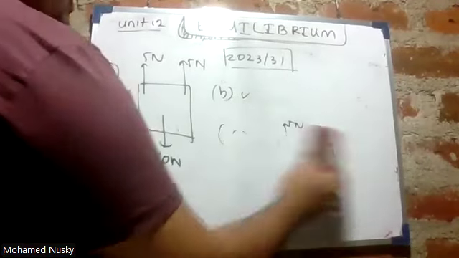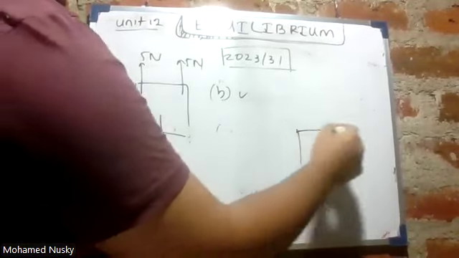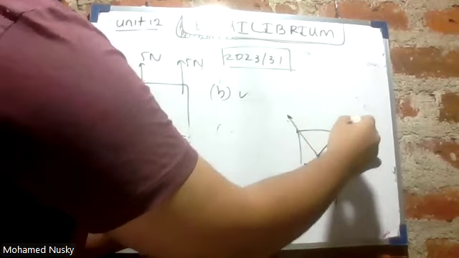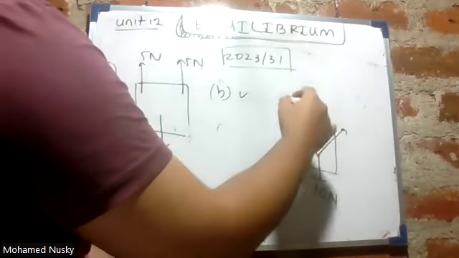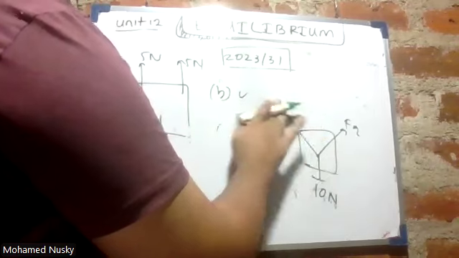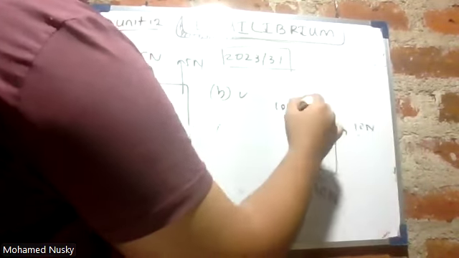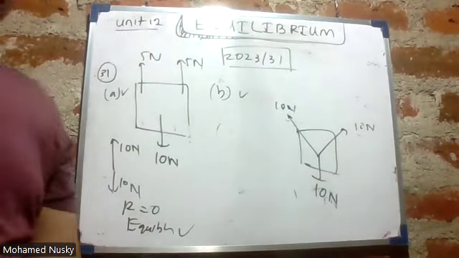I said here in the earlier question, if this is 10 Newton, all the forces should be the same. Here, if I marked F1 as 10 Newton, F2 also I marked as 10 Newton. You have noticed this in the earlier example I discussed.